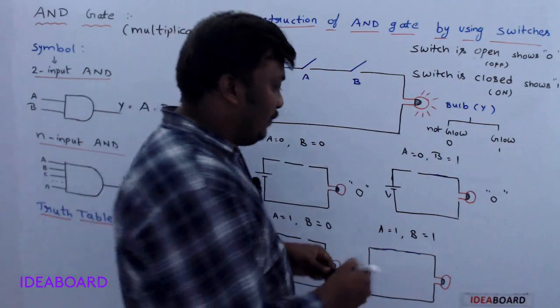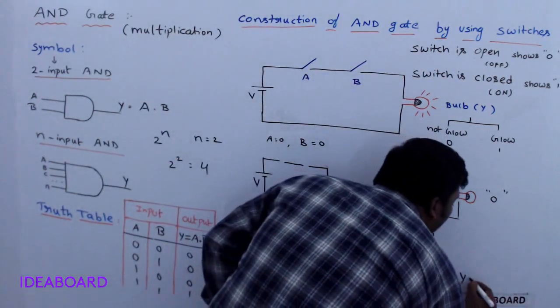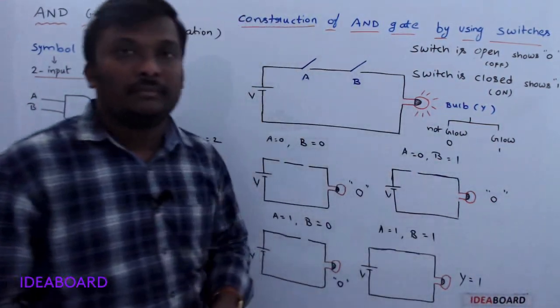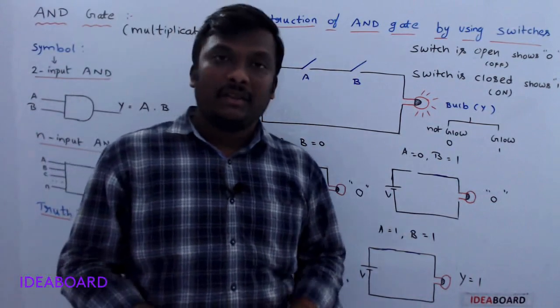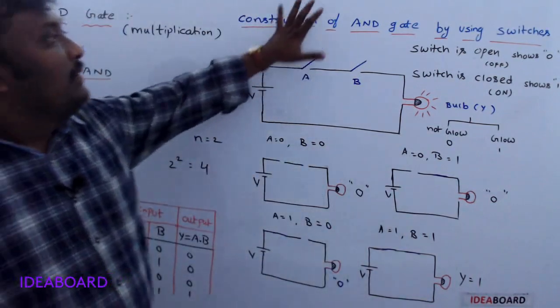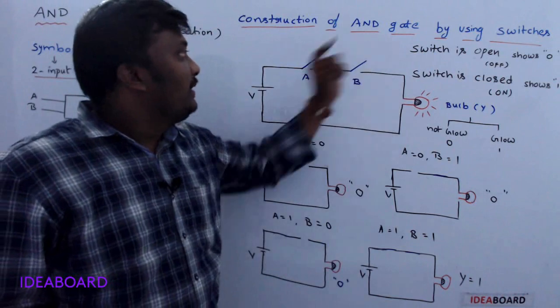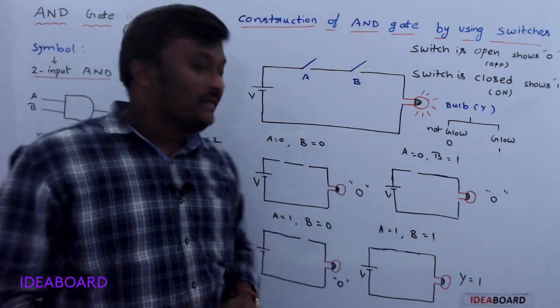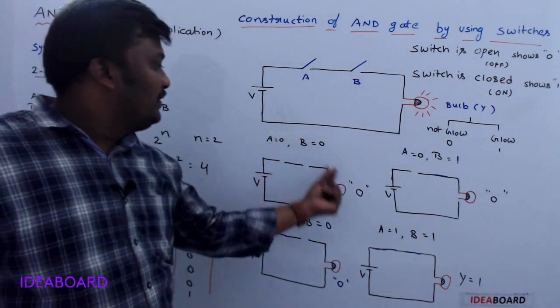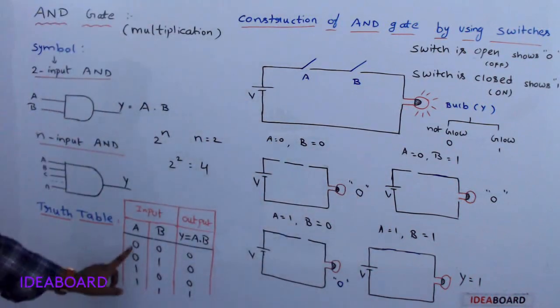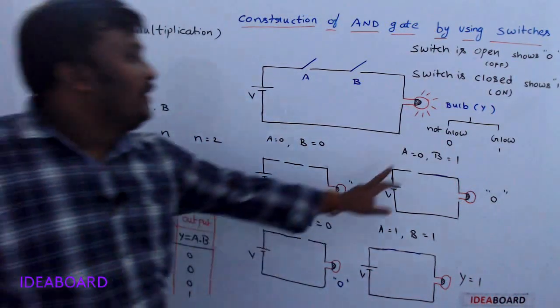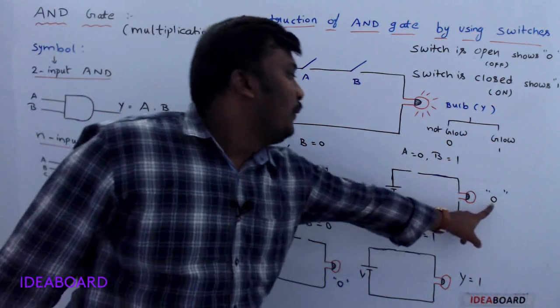The bulb will glow means Y is equal to 1 here. Understand? So by using the switches, we can get the AND gate. See, A is 0, B is 0, Y is 0. A is 0, B is 1, Y is 0.